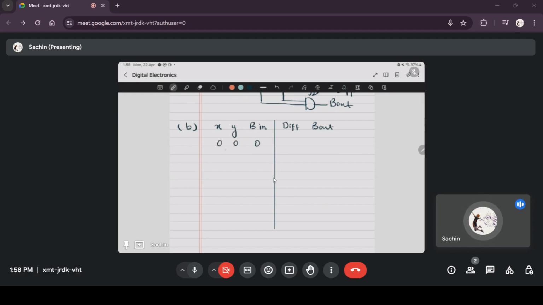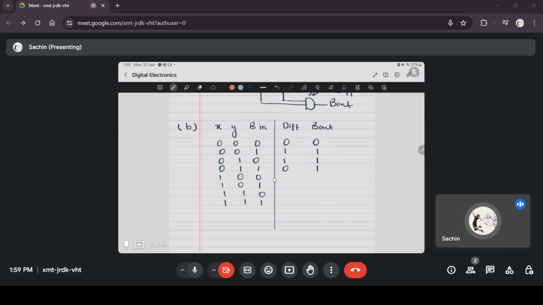There are 3 inputs, so there are 8, 2 power 3, input combinations, each of which will give some particular output. 0 minus 0 minus 0 is 0. 0 minus 0 minus 1 is 1 with the borrow 1. 0 minus 1 minus 0 is a 1 with a borrow 1. 0 minus 1 minus 1 is a 0 with a borrow 1.